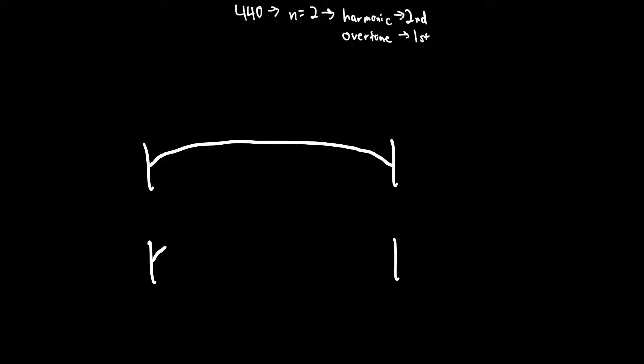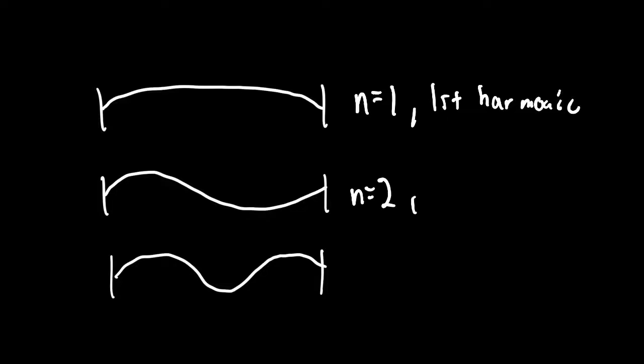And then I can have a wave that actually looks like a full wave, up, down, up, something like that. Each one of these is a harmonic of the fundamental frequency. So the fundamental frequency, n equals 1, is the first harmonic. n equals 2 is 2 times the first harmonic.